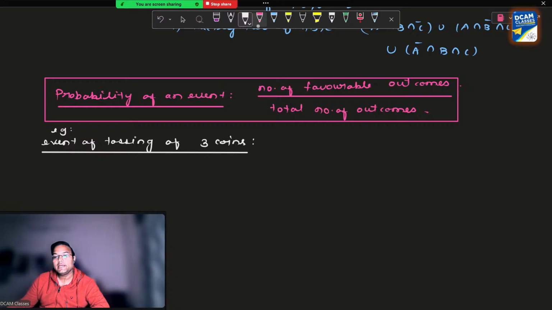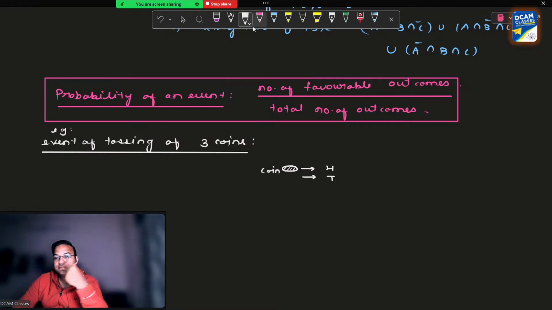Let me explain what we are doing here. I have tossed 3 coins. When you toss a coin, you may either get head or tail. Correct?